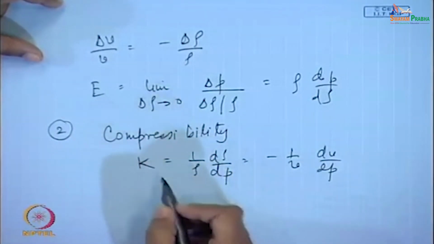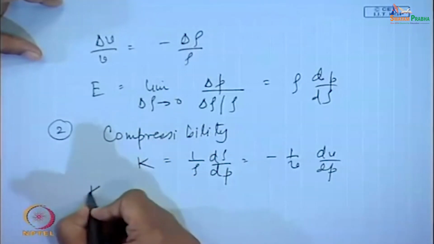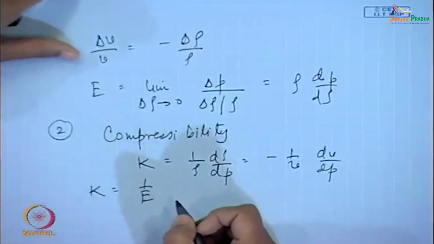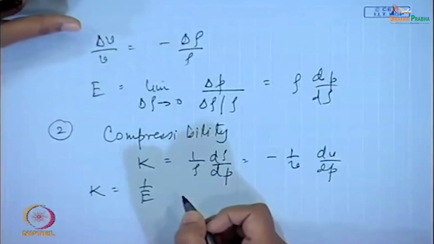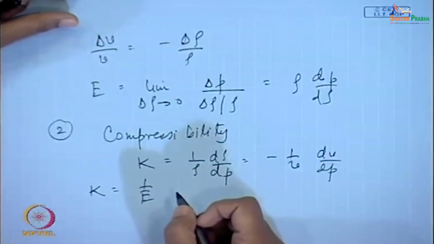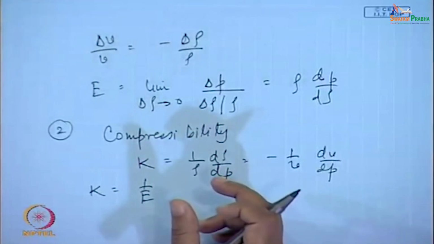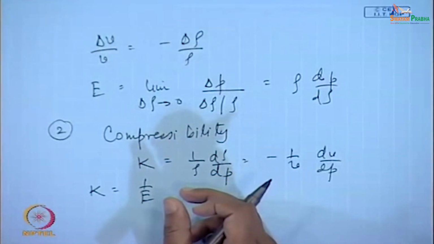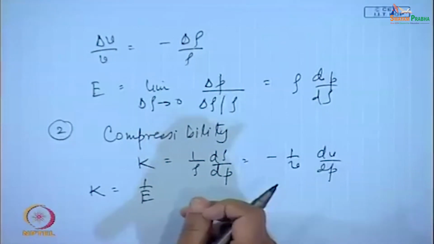So, comparing these two, you can very well understand that kappa is nothing but equal to 1 by E. Now, remember one thing: whenever we are dealing with any gaseous substance and we try to compress it, a change in pressure changes its volume and it also changes its temperature. So, unless temperature is maintained constant or specified, this compressibility term has got no meaning. Therefore, if we just define kappa, it is not very useful.